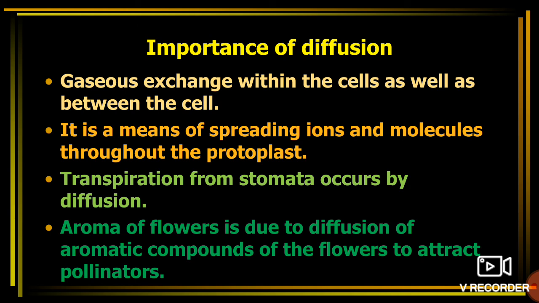The aroma of a flower is due to diffusion of the aromatic compound from the flower to attract the pollinators. All insects come in contact with the flower because of that aroma, and that aroma spreads because of diffusion.